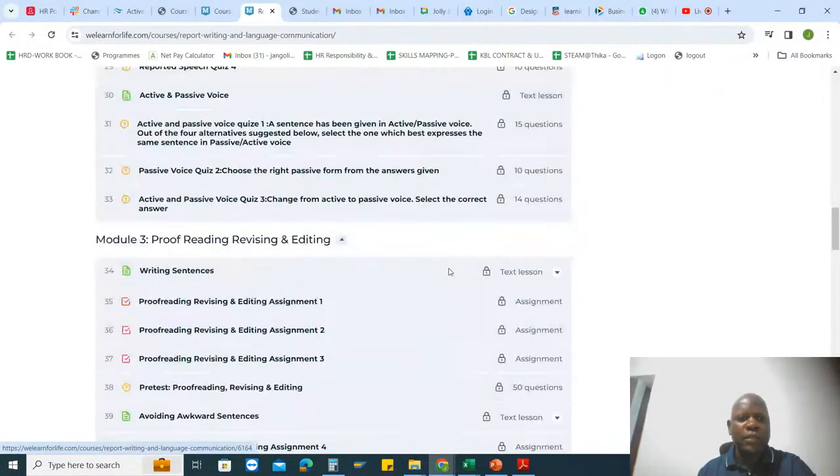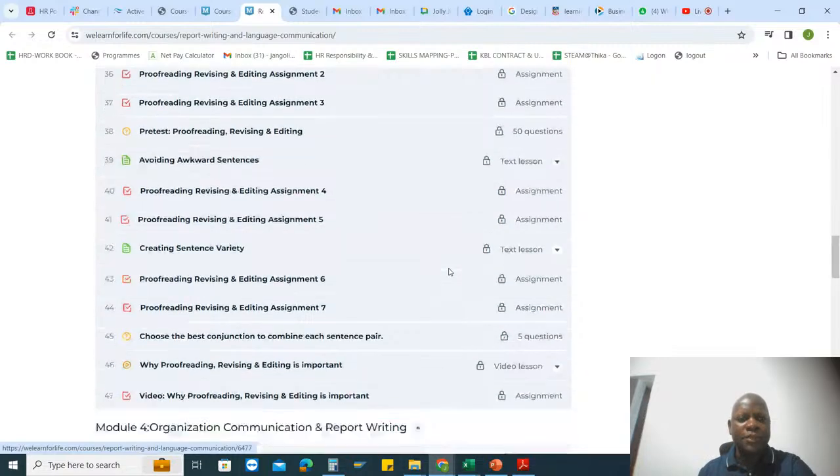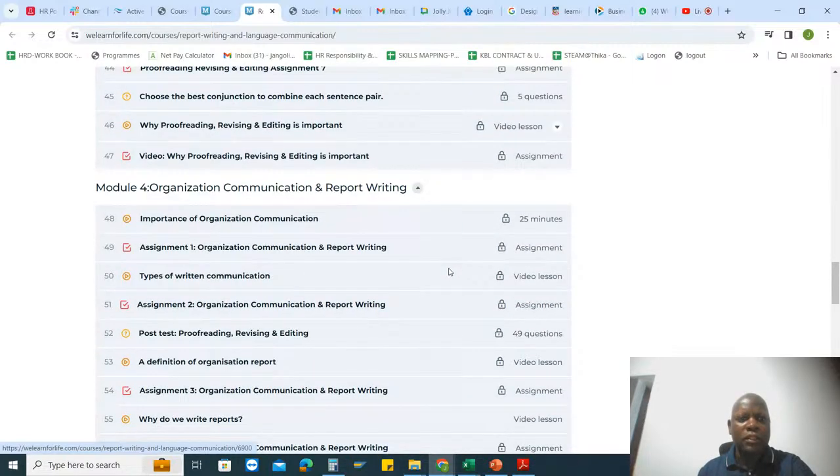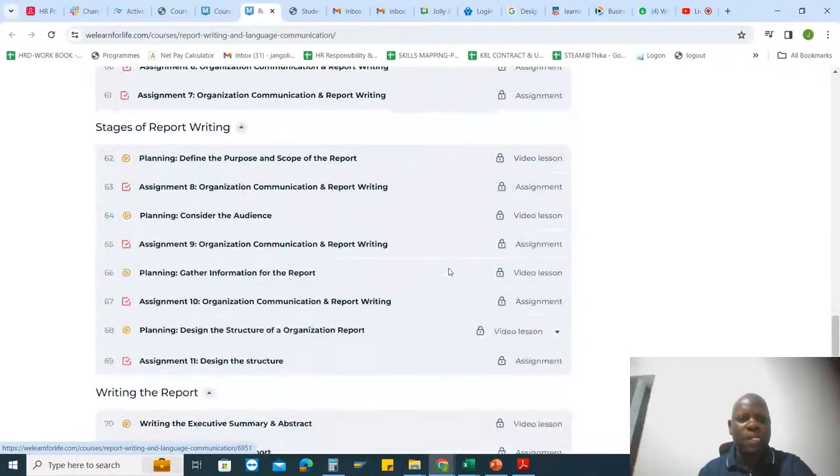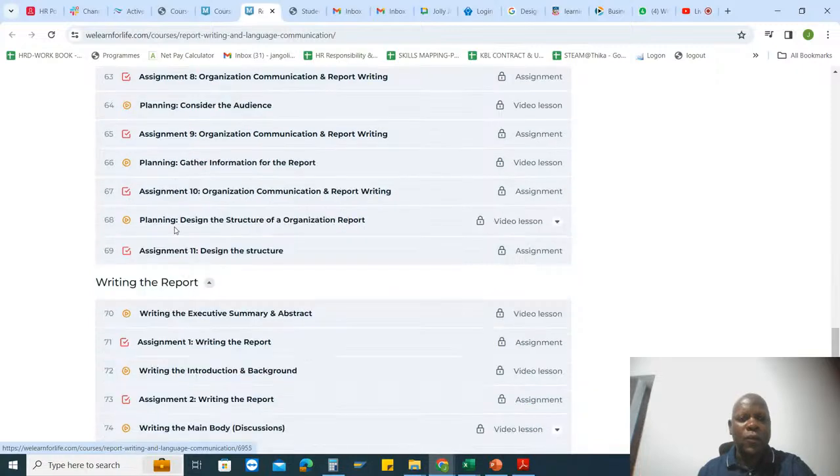We are at the last bit of module 4. We were at stages of report writing. Then we move to writing the report.